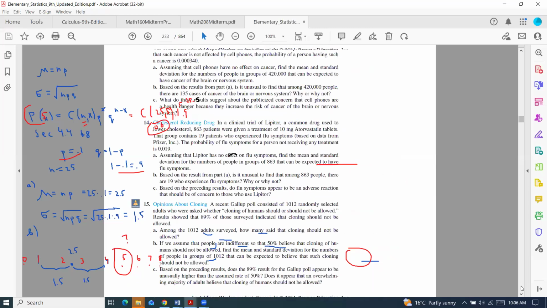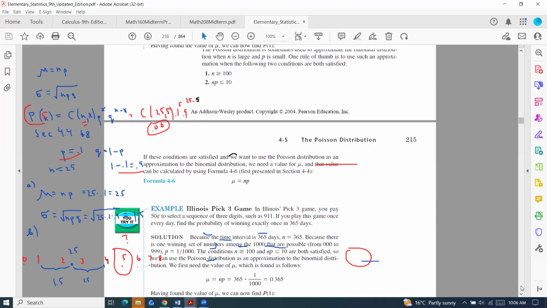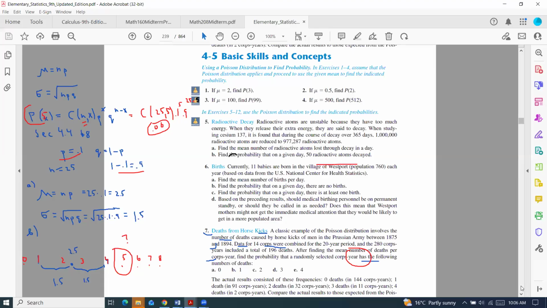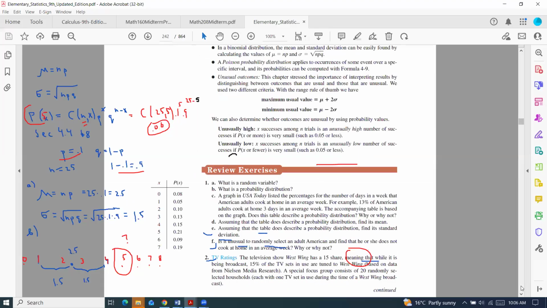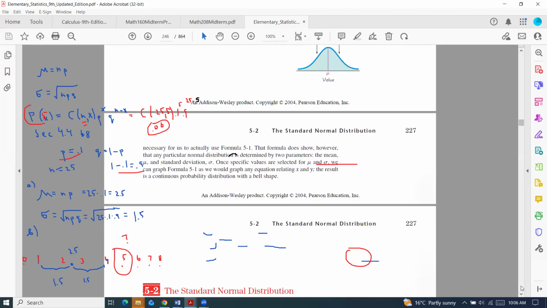And Poisson distribution I skip because we go to the normal distribution. Turns out on the planet Earth, everything is distributed normally. And that's why we learn this normal distribution.